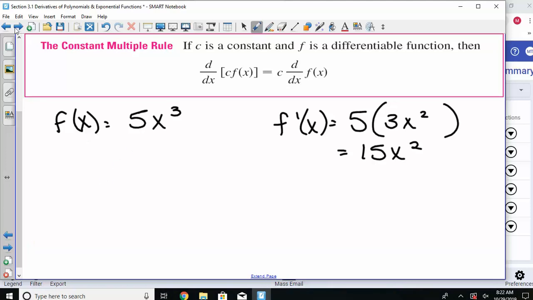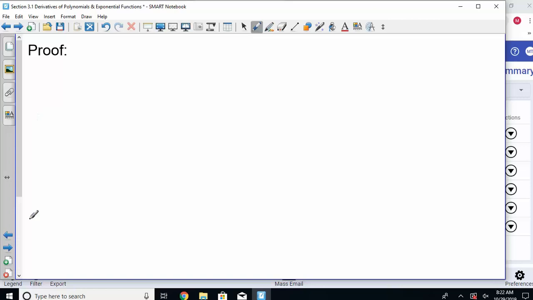I'll prove this one, just for fun. You guys like the proofs, right? If we wanted to go back to our definitions, let's say our function is some function g, and that is just a constant times another function.